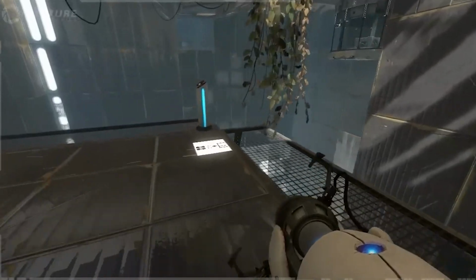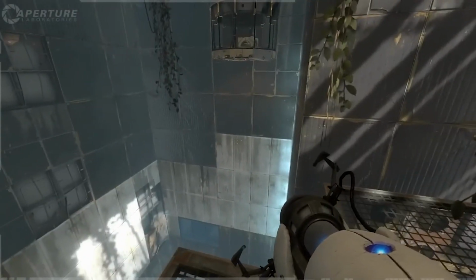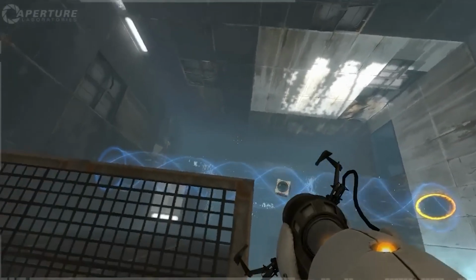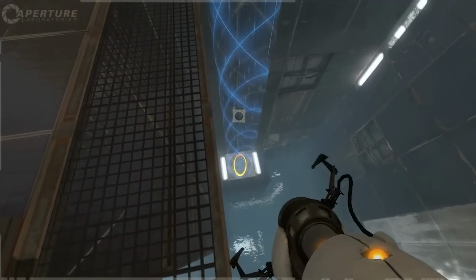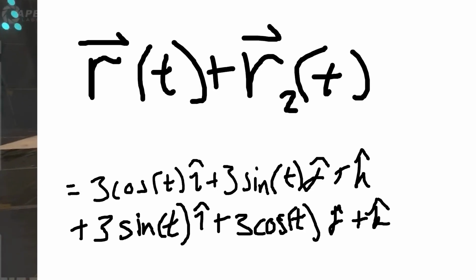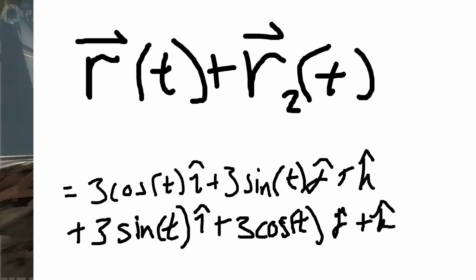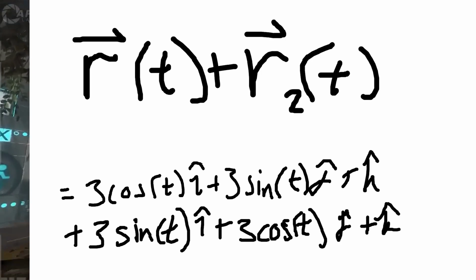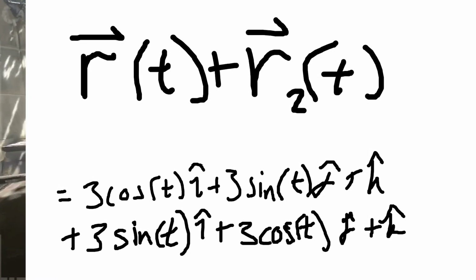The excursion funnel, if you look closely, is actually a double helix. So this makes me think it's not only like the vector r of t in the last picture, but it might be some r of t like that. So like that previous r of t plus what I'll call a vector r2 of t, which may equal the same sort of thing, but the sine and cosine are swapped.